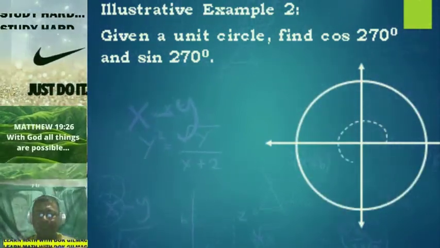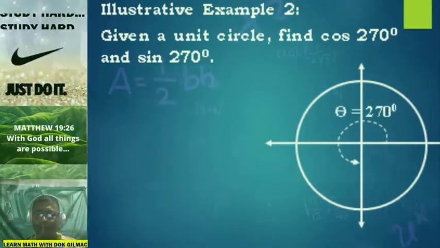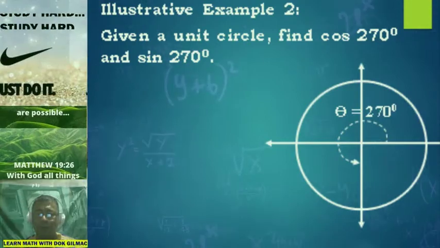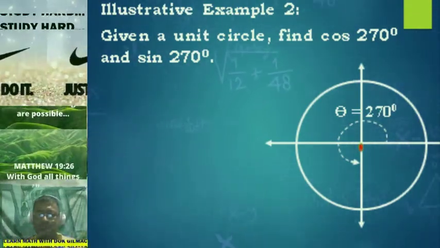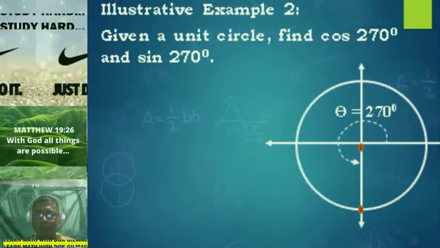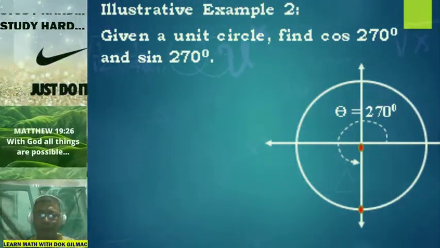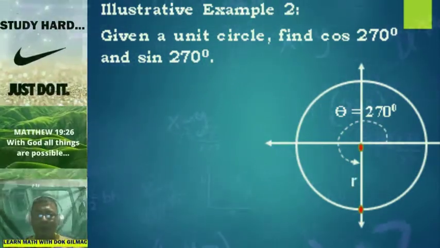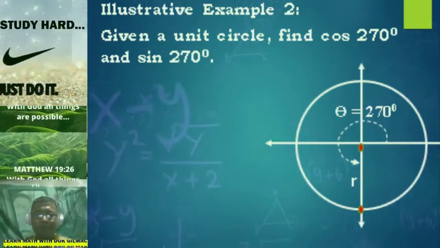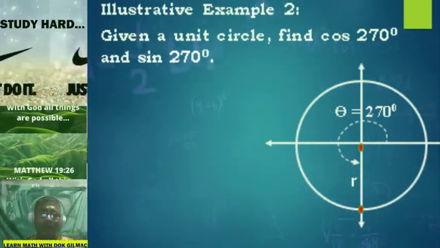So from the initial side to the terminal side, we actually have theta, which is equal to 270 degrees. From the point of origin to point of xy, we actually have the radius r, which is simply equal to 1 since we have here a unit circle.